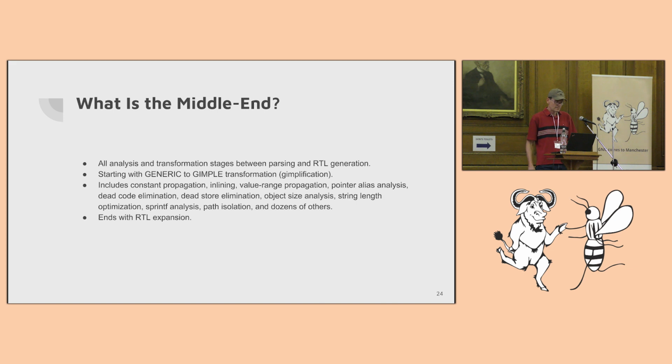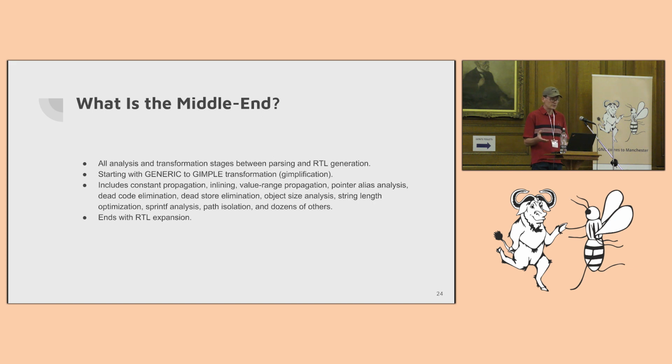Many of you, I'm sure, know what the middle end is better than I do, but I think it's worthwhile to still point out what I mean when I say middle end. I consider the middle end to include all analysis and transformation stages after parsing has completed, basically starting with the gimplification pass and until RTL generation, but not including RTL generation or RTL transformations.